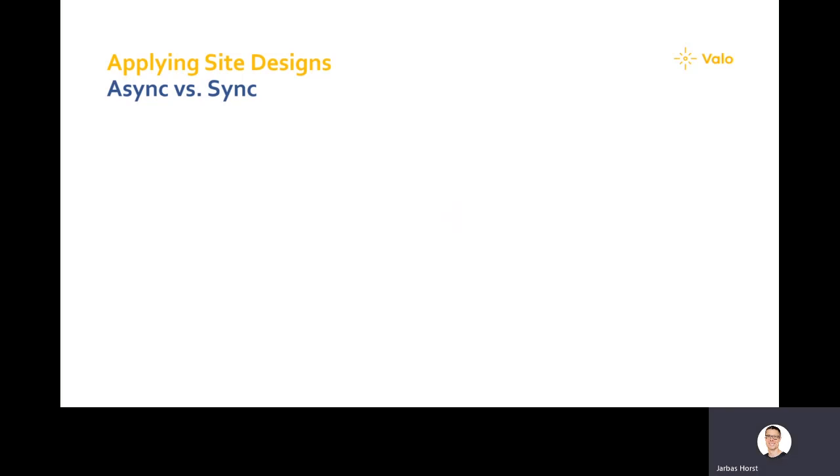Before we get there, I want to explain to you the difference between the asynchronous and the synchronous process of applying site designs. The synchronous process supports up to 30 verbs, and 30 is the total count of all verbs and all subverbs inside all the site scripts that are associated to my site design.